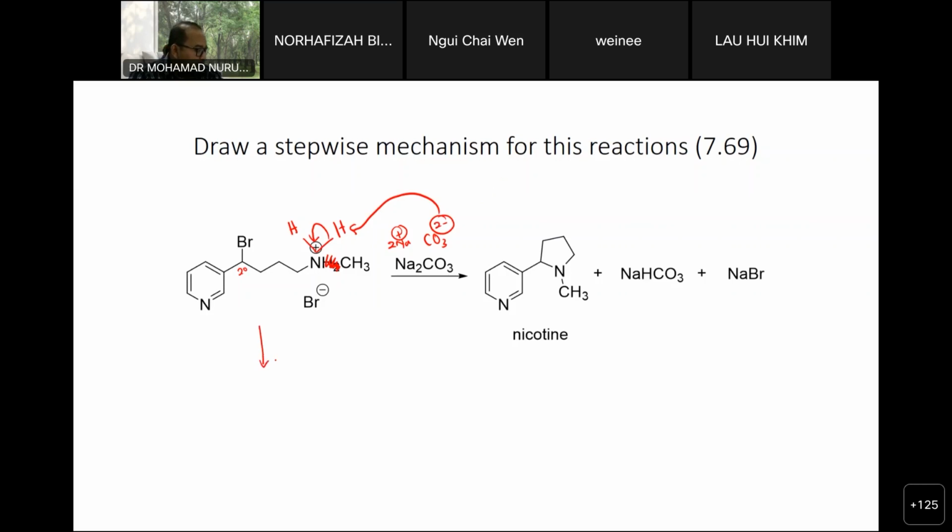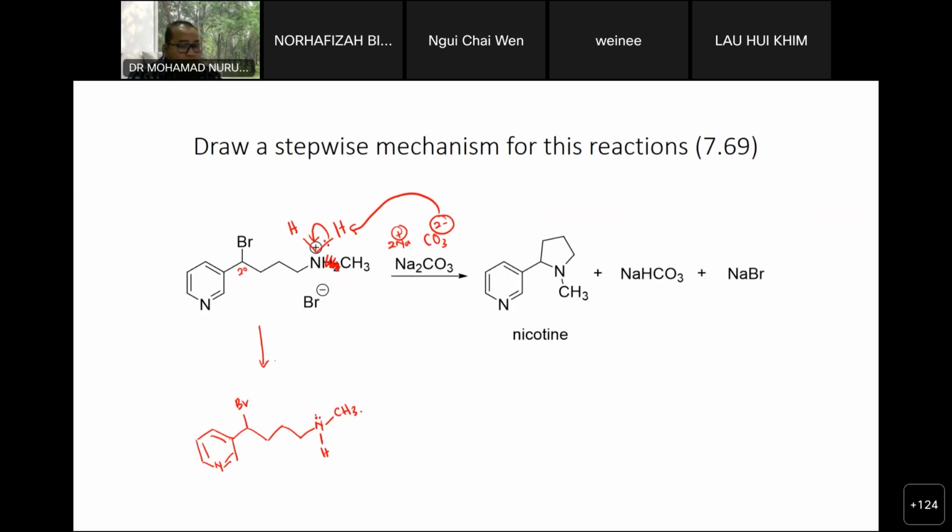The second step, what will happen? I will draw the structure again. With a pair of electrons coming from this bond, they will have an H here and this one will be CH3.